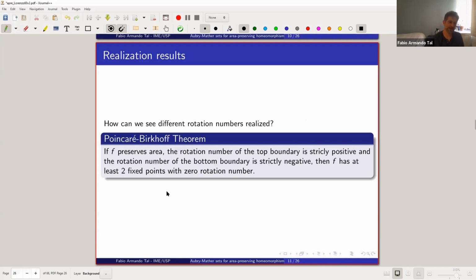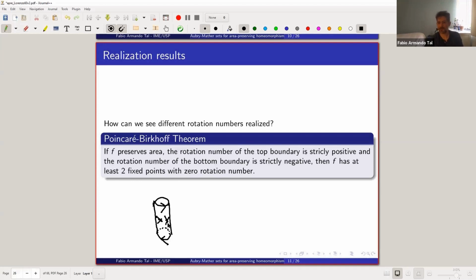So the first one is the Poincaré-Birkhoff theorem, which says that, okay, if I have some area preserving dynamics on the annulus, and the top boundary rotates one way and the lower boundary rotates the other way, then I'm going to find in here 2 points which are fixed.